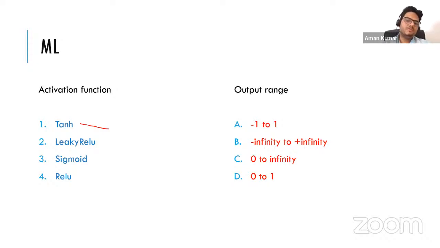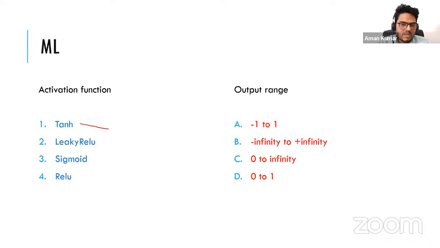ReLU, you are saying minus infinity to plus infinity. Okay. First you said 0 to infinity, then you are saying minus infinity to plus infinity. 3D, sigmoid, you are saying 0 to 1. Can you just take 1 minute and think everything together and write in one line? Everyone, please participate. Otherwise, it will not be interesting.